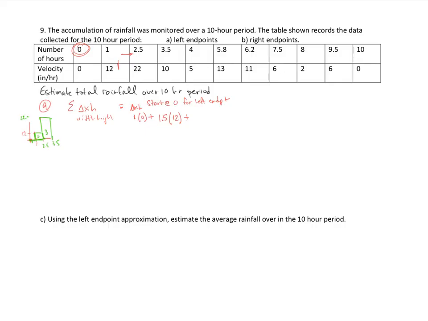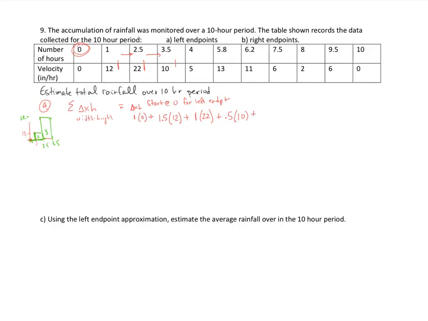The next one goes from 2.5 to 3.5. So this delta x is 1, and the height, again, I'm taking it at the 2.5 value, which will be 22. The next one ends up being from 3.5 to 4, so 0.5 times a height of 10.